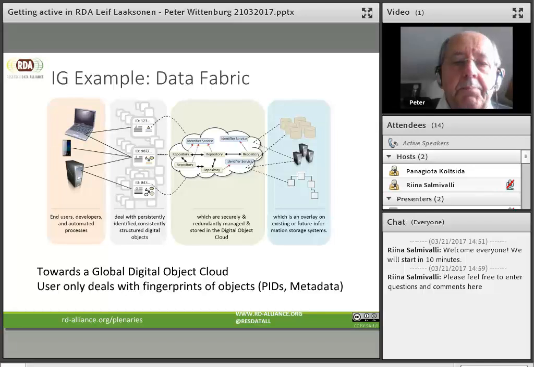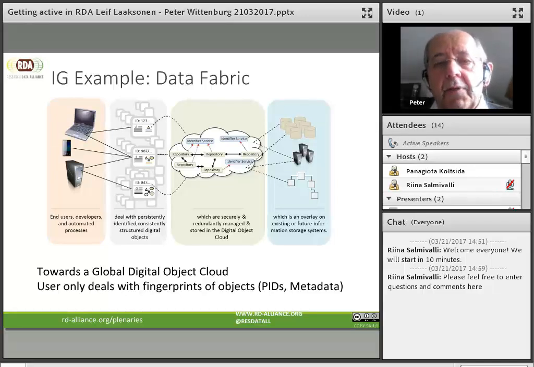Then in the second box you just see logical fingerprints of objects, so PIDs, basically PID records and metadata. And then you see a cloud of service providers where you have registries and repositories providing these digital fingerprints of objects. And on the right side you have the bit sequences, the storage of all the stuff.